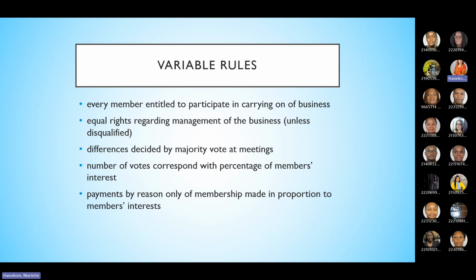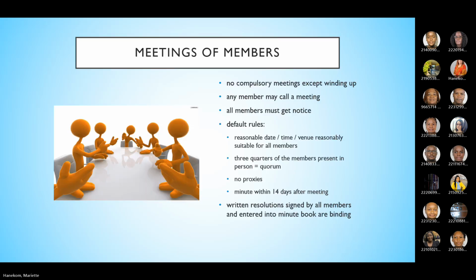Default rule, in proportion to members' interests. So majority members will get more. You can change that irrespective of members' interests, everybody will get the same amounts. Once again, flexible, can be changed in an association agreement to suit your particular requirements.